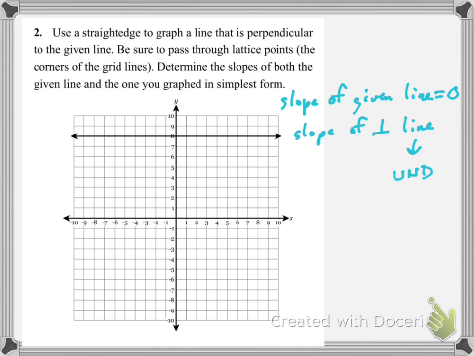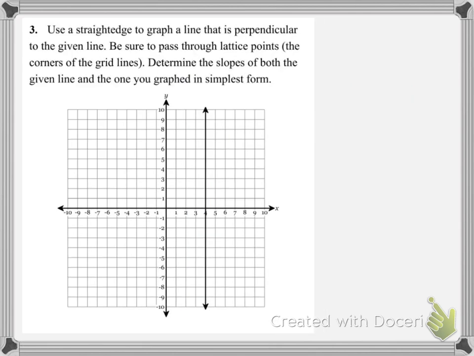And the reason is that the line perpendicular to a horizontal line is a vertical line. That's not very vertical, sorry. But when you have that situation, horizontal line, the slope is 0. Vertical line, the slope is undefined.